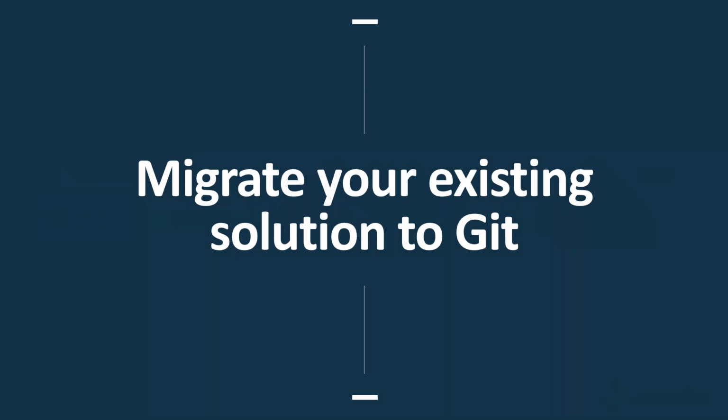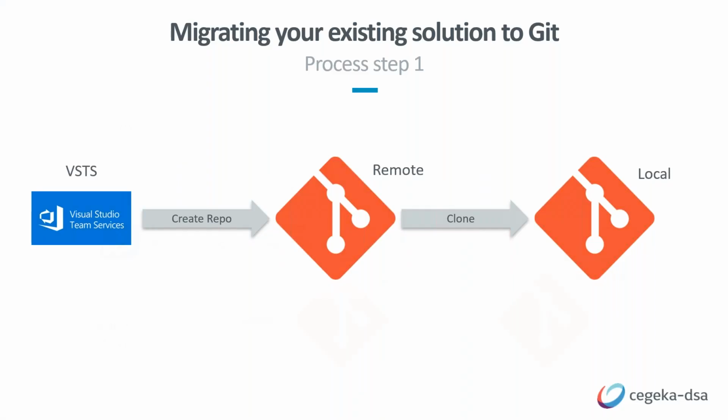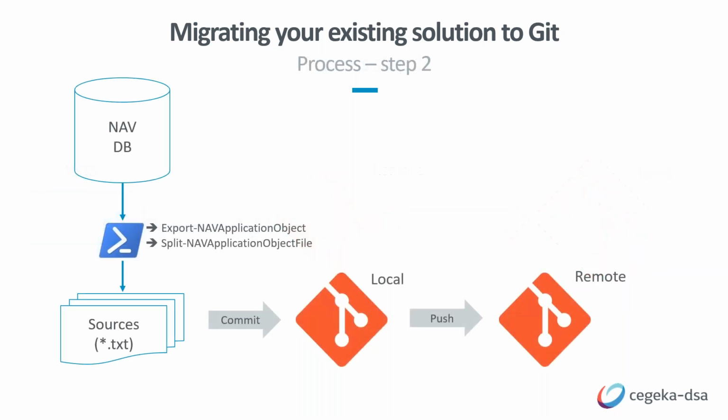So how do we do that? We will start in a bit with creating a new repository in VSTS. We will clone that to my local machine. And cloning is actually pulling a copy of the central Git database. Then you need to export your modified objects. So I assume you have a database with modified objects in it.